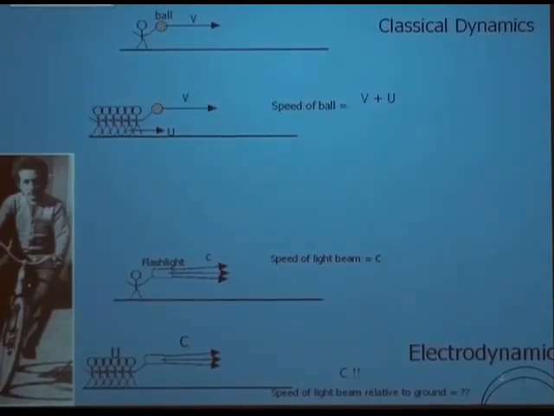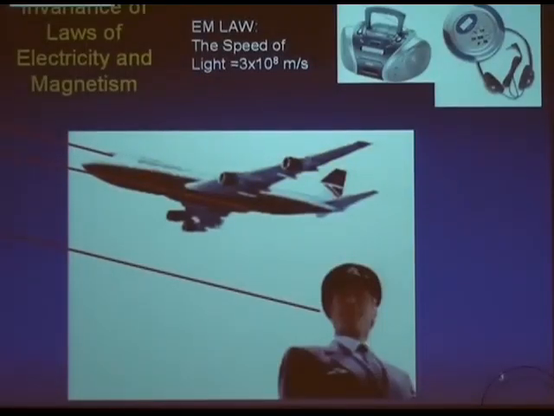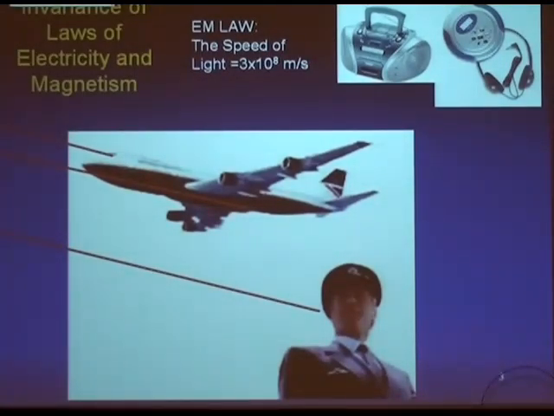Okay? And this contradiction between classical dynamics and electrodynamics, the fact that they give different answers, this is what led Einstein to the special theory of relativity. And so we'll explain how Einstein went from there to the special theory.